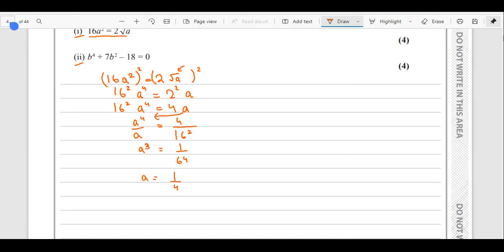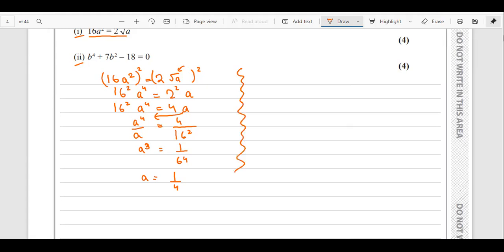Calculators are allowed, so you would be able to do it easily. All you have to do is take out your calculator and find the cube root of 1 divided by 64. So that would be 1 by 4, okay?